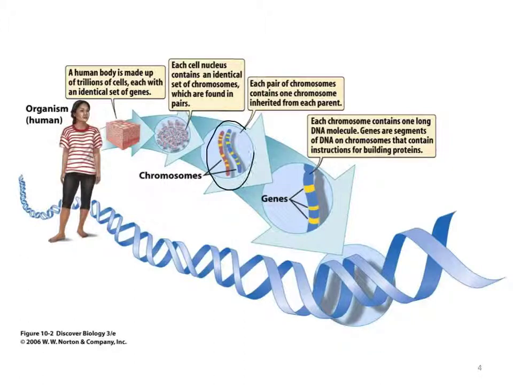There's a pair shown there, and we inherited one of them from each parent, one from the mom, one from the dad. Each pair has essentially the same kind of sequences on it, so they are matching pairs in that you'll have the same gene on each chromosome. So you can imagine these yellow bands here representing a particular gene. You have 2 versions of the gene, or 2 alleles. One came from mom, one came from dad.